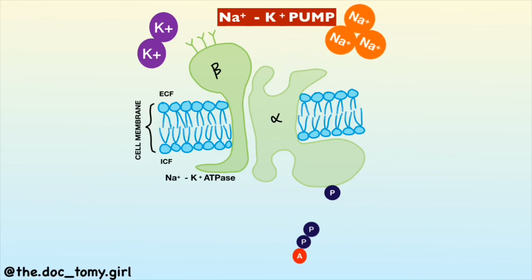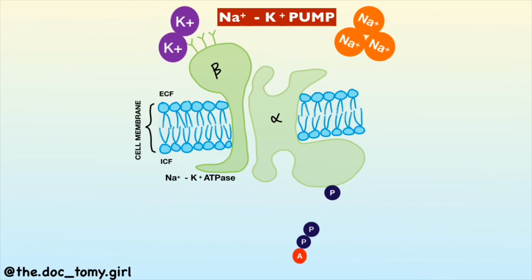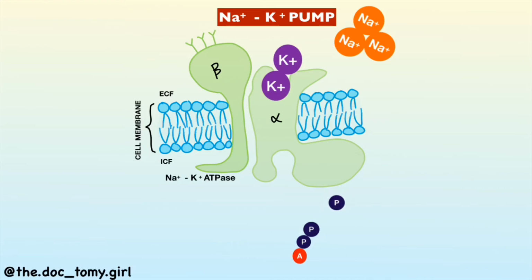In the next step, 2 potassium ions bind to the outer side of the alpha subunit, and this leads to the hydrolysis of the aspartic acid phosphate bond, that is dephosphorylation takes place. The dephosphorylation in turn causes a reconformational change in the alpha subunit that transfers the 2 potassium ions from outside to the inside of the cell.